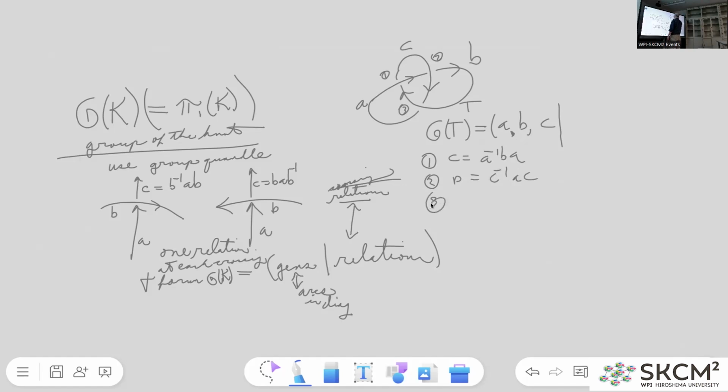And from crossing number 3, I get that A is equal to B inverse CB. All right. So then the group is generated by A, B, C with A equals B inverse CB, B equals C inverse AC, and C equals A inverse BA. And we get a group defined by generators and relations.